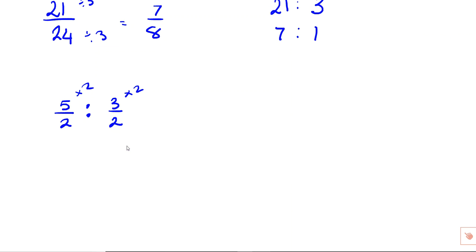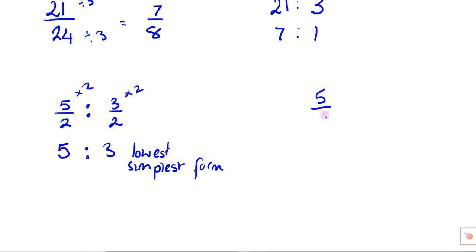You hear what she said? She said, if I do 5 over 2 times 2, I get 5. And 3 over 2 times 2 is 3. Now that is lowest or simplest form. Okay?